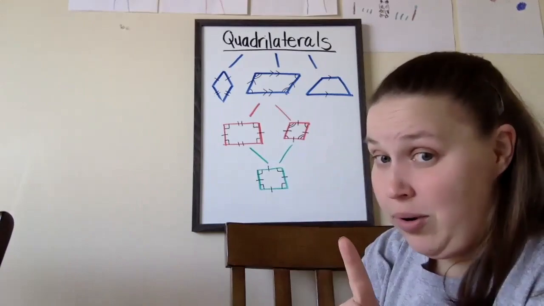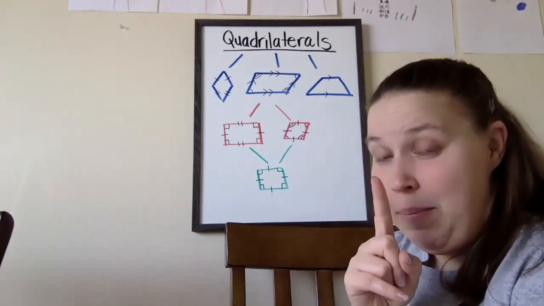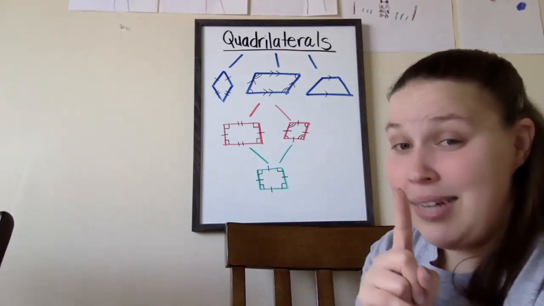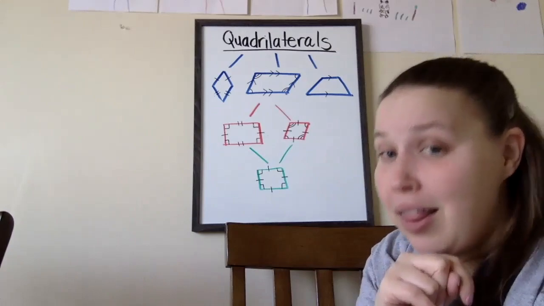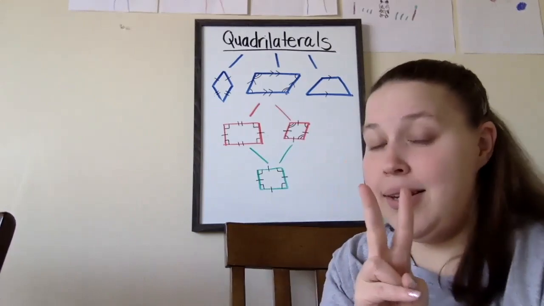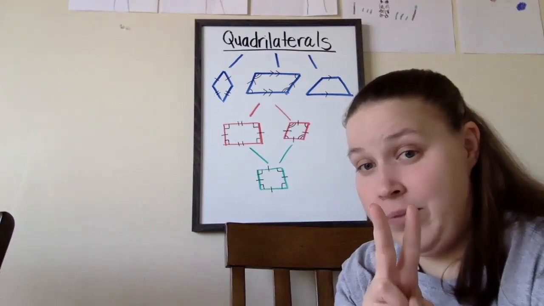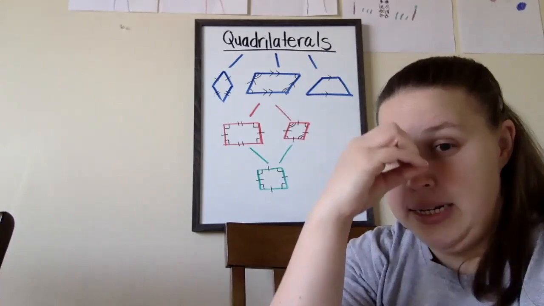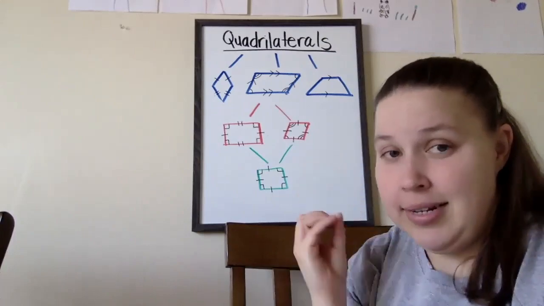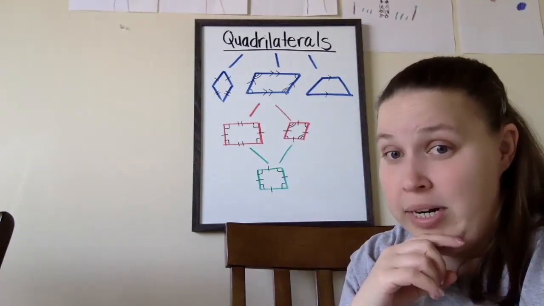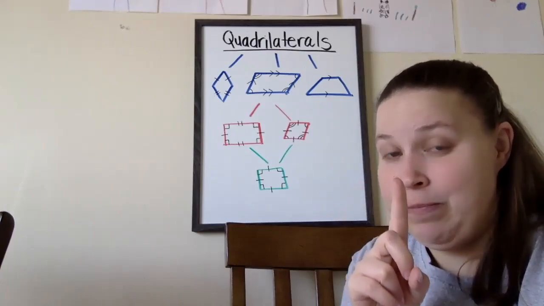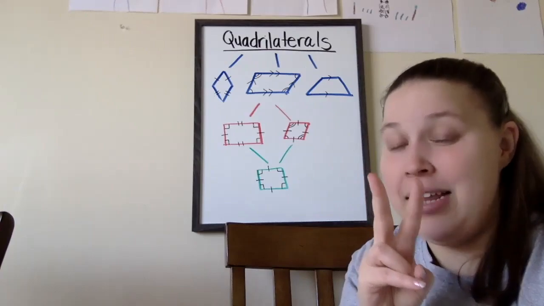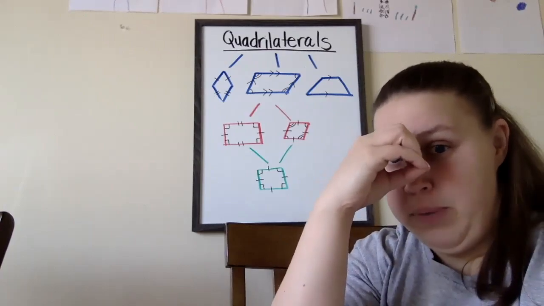So a trapezoid has 1 set of parallel sides. A parallelogram has 2 sets of parallel sides. Trapezoid 1, parallelogram 2, kite 0. Okay, say that again. Trapezoid, 1 set of parallel sides. Parallelogram, 2 sets of parallel sides. And then a kite, 0 parallel sides.